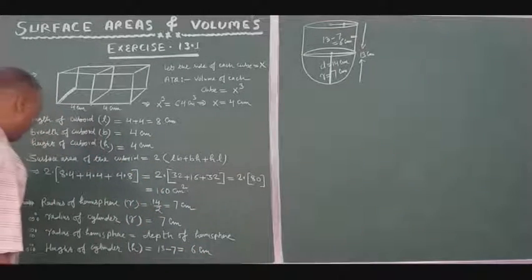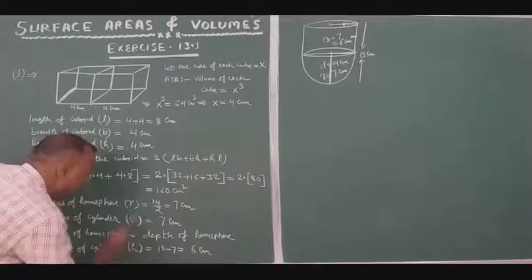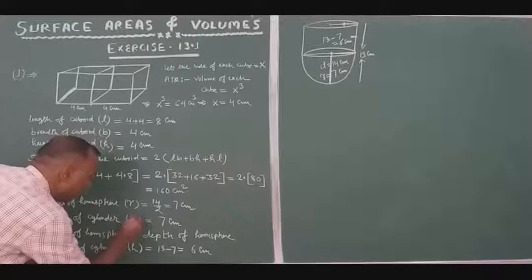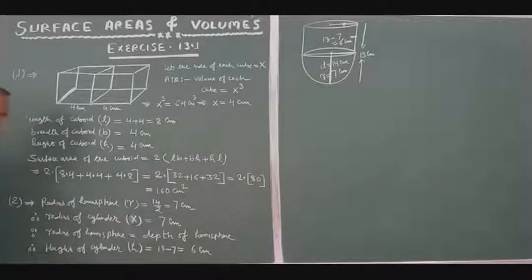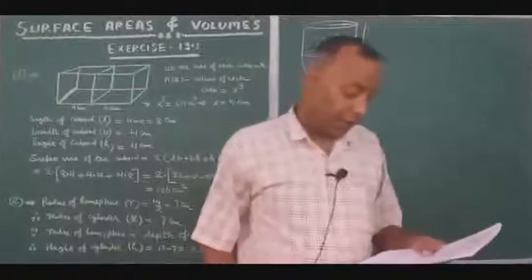Again, the radius of the cylinder we wrote as R, we can change it: let this be x. The question is to find the inner surface area of the vessel.